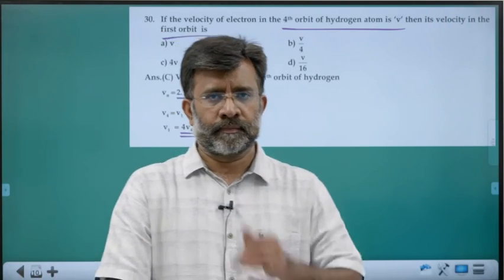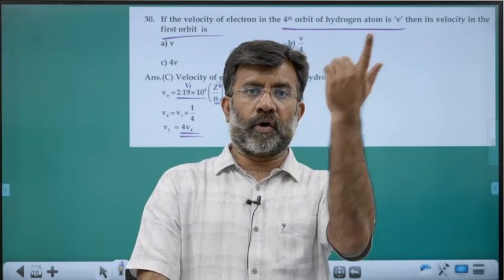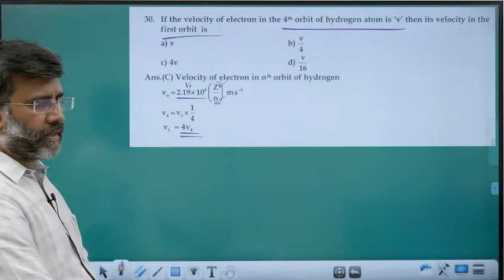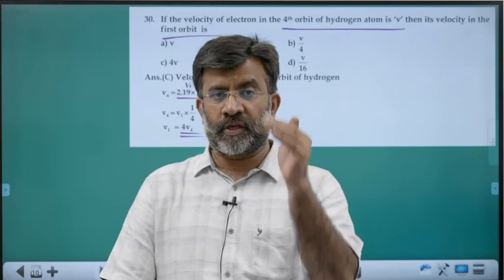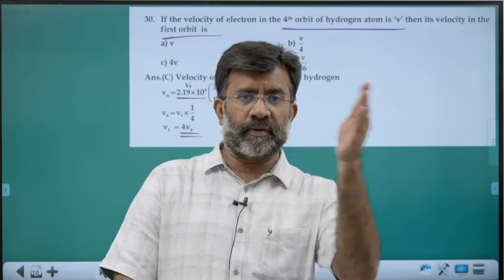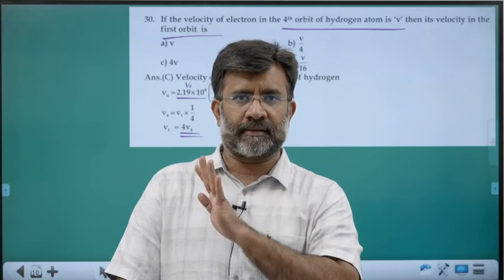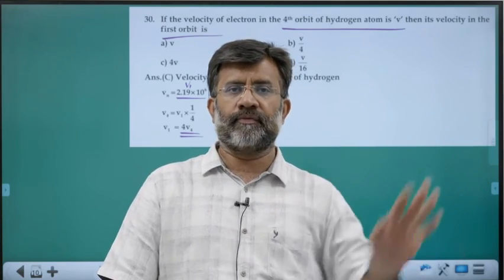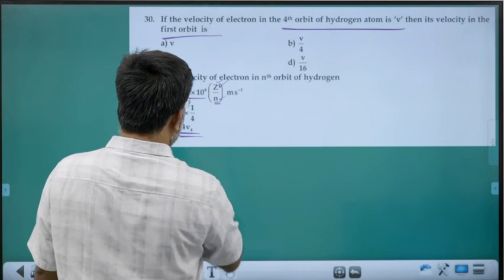Compare the first orbit with the subsequent orbit velocities, not energy, velocity. If the first orbit is x, the second orbit will be x by 2, then x by 3, x by 4, because it is V1 into 1 by n.